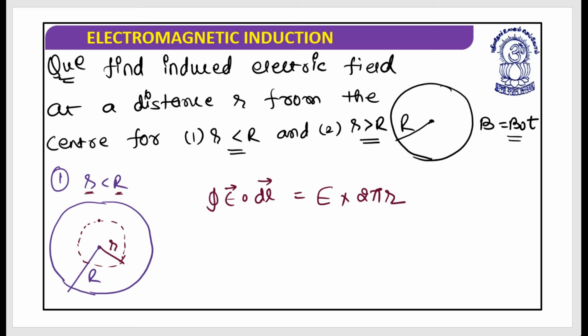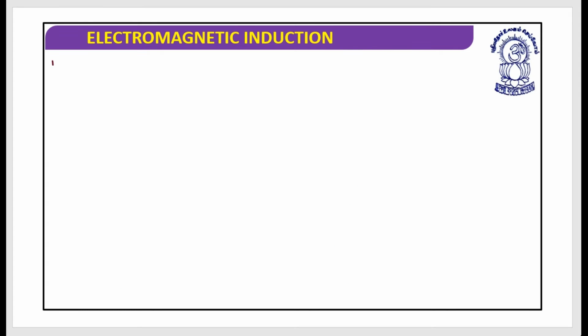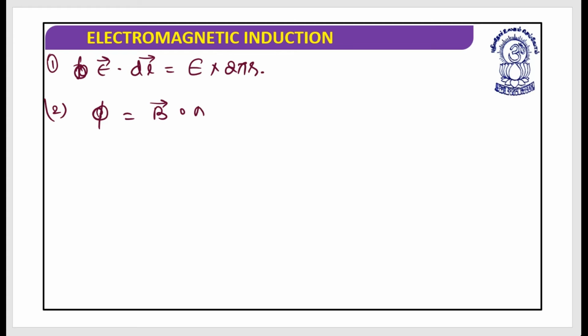Now the second task is to find d phi by dt. So far, the line integral of E dot dl equals E into 2 pi r. Now, phi is B dot the area vector, where I consider the area in which I am interested.